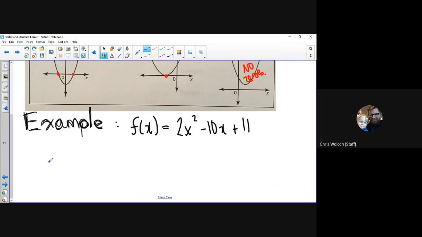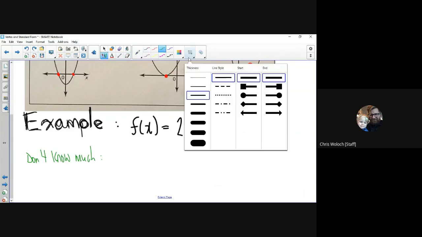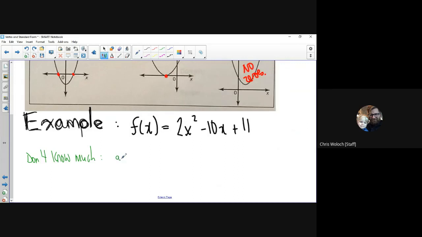We have this problem. It's in standard form. So again, when you look at it, we say, okay, we don't know much about it. Okay, what do I know? Right, a equals 2. So that means this opens up.